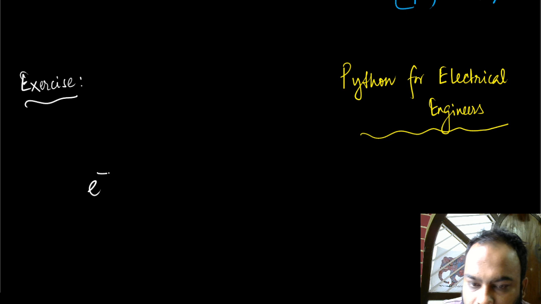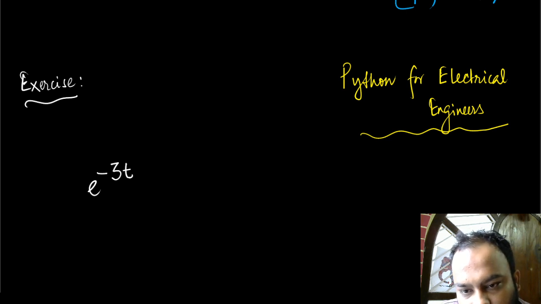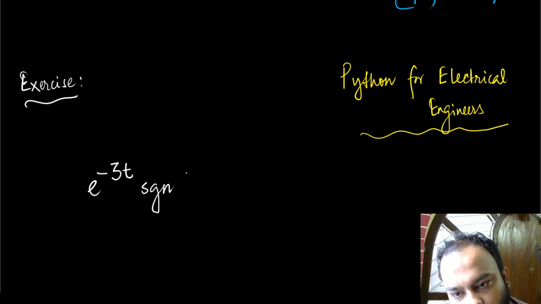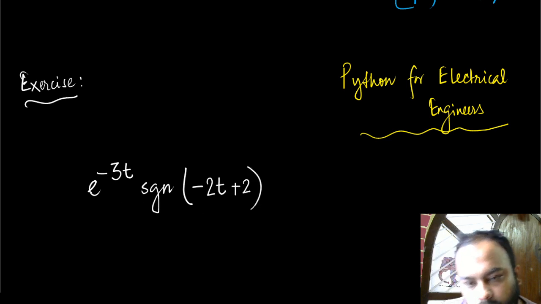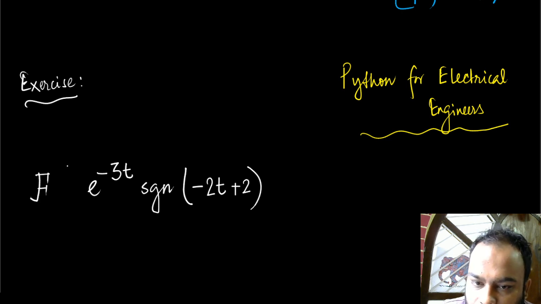e to the power minus 3t signum of minus 2t plus 2. Exercise: find the Fourier transform of this.